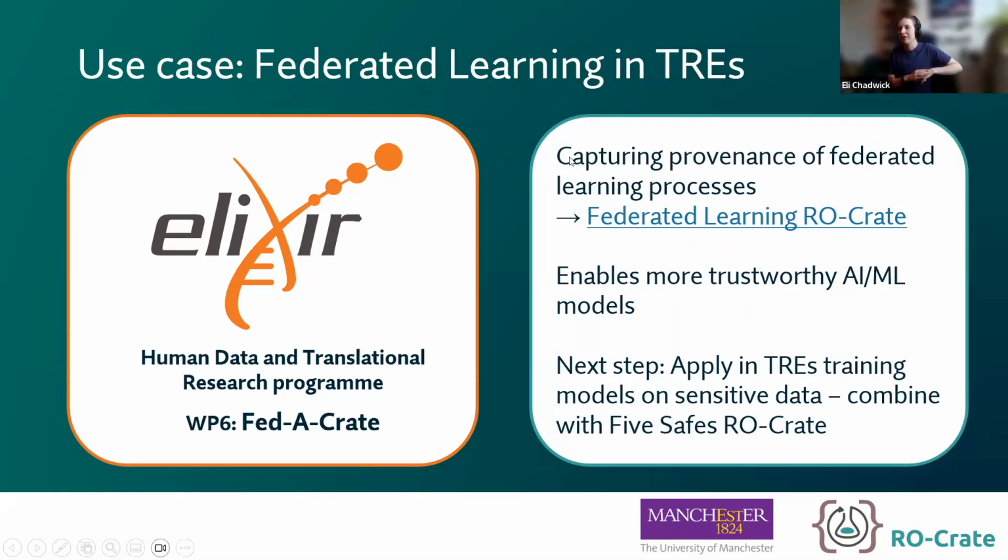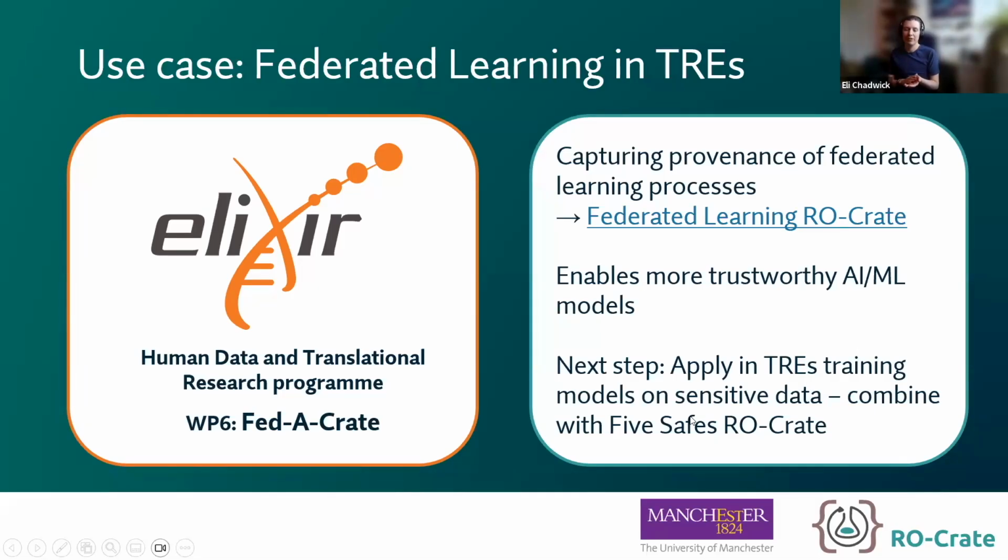And so this is important for making sure that AI and machine learning models are trustworthy. We want to have a good understanding of what data went in and the parameters that we used for training. Even if we can't actually access that data ourselves. So this is a project we're working on actively at the moment. We've made a first draft of a federated learning RO-Crate profile to capture that kind of information about the training process in an RO-Crate.